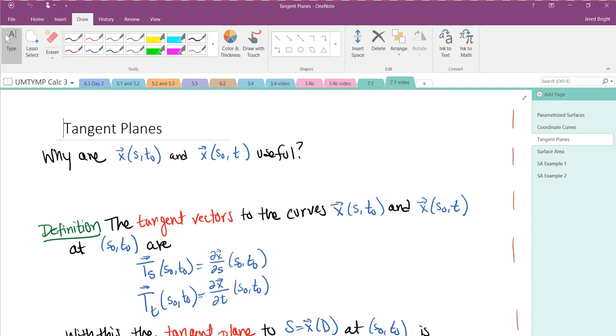Okay, and these tangent vectors that we use to construct the tangent plane are given through this form. Again, we're on a parametrized surface, so we have to have that. When we're looking at the tangent vector with respect to the parameter s, we take the partial derivative with respect to our first parameter at that point.